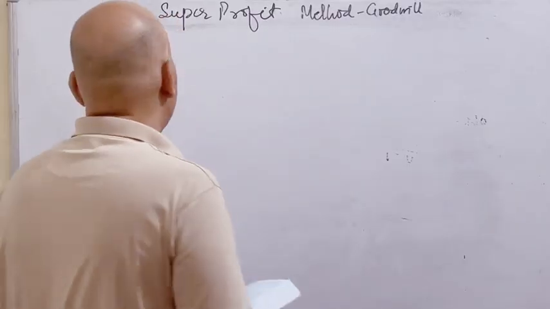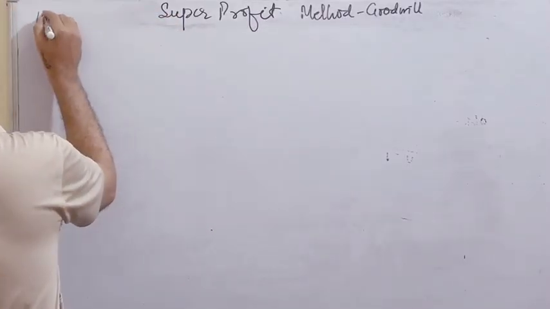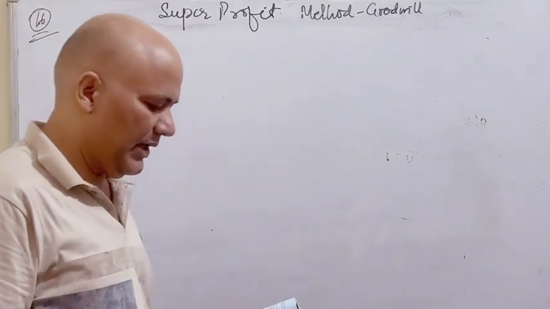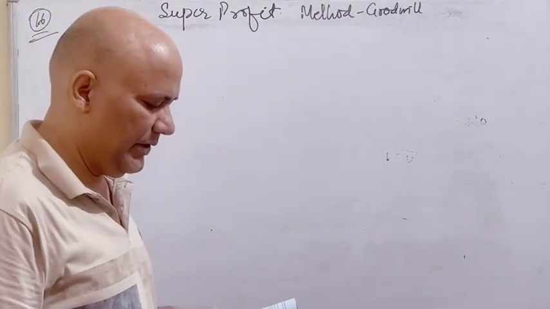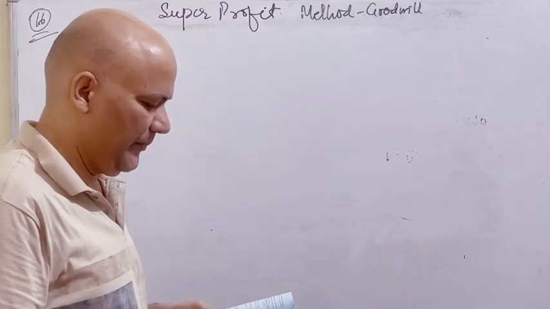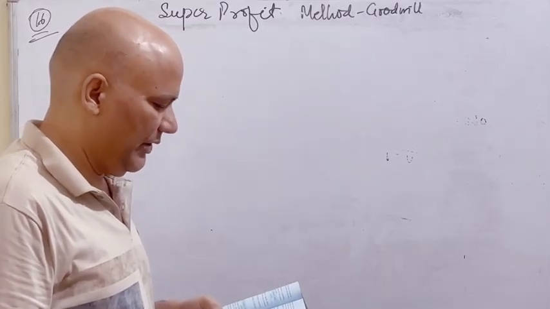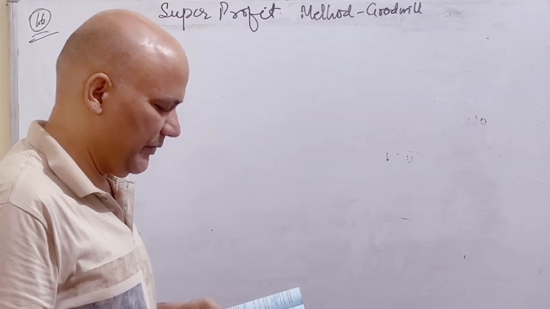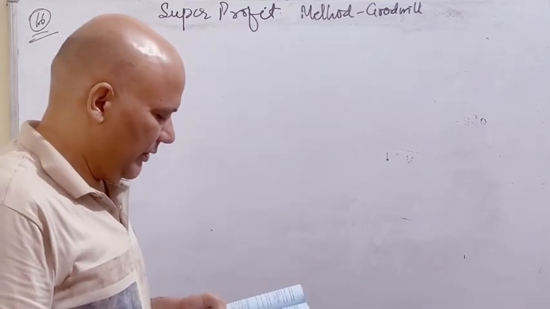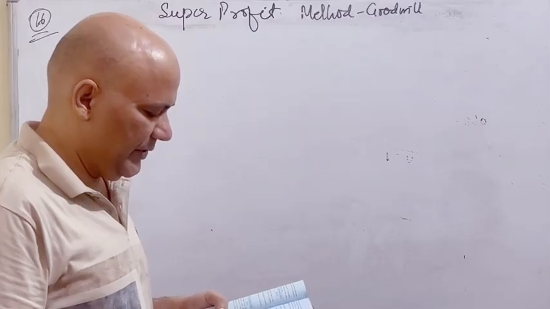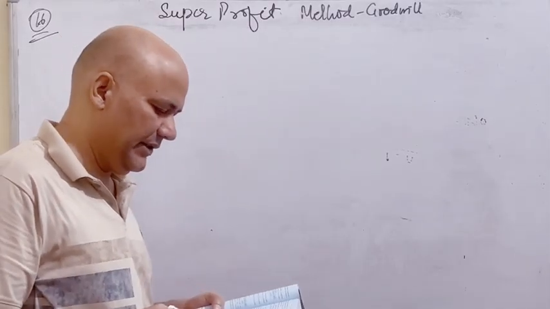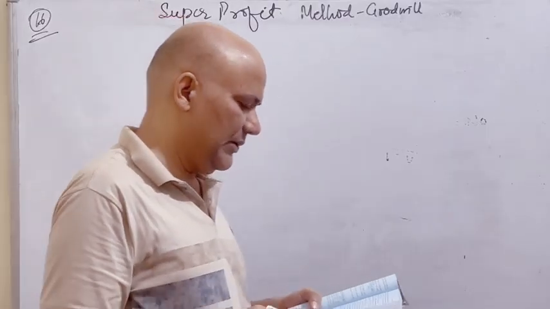Let's take question number 16, which is a bit longer than others. It says Amit and Karthik are partners sharing profit and loss equally. They decided to admit Saurabh for an equal share in the profit, and the goodwill of the firm is to be valued at 4 years' purchase of super profit. First, we have to find the super profit. The normal rate of return is 12% per annum. Average profit of the firm for the last 4 years has been given as 30,000. Calculate the share of goodwill.